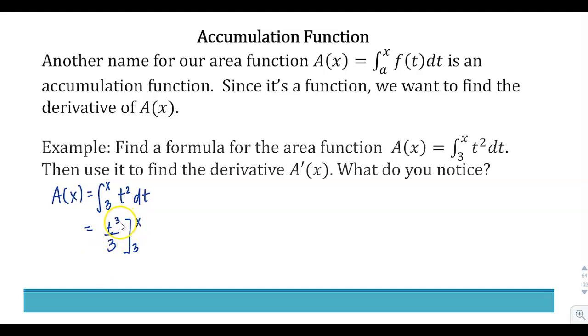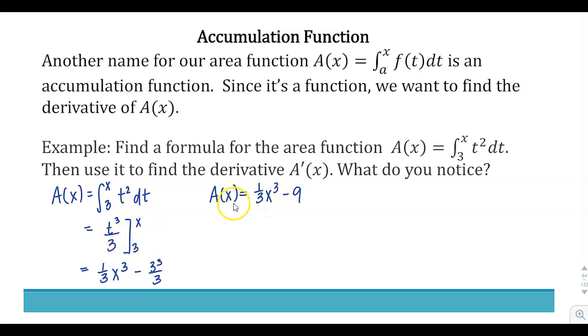I'm going to substitute in x first and then 3 second. So I'd end up with 1/3 x cubed, and then minus, if I plug in 3 cubed over 3. So I'll rewrite that over here. I have A of x is 1/3 x cubed minus 9.